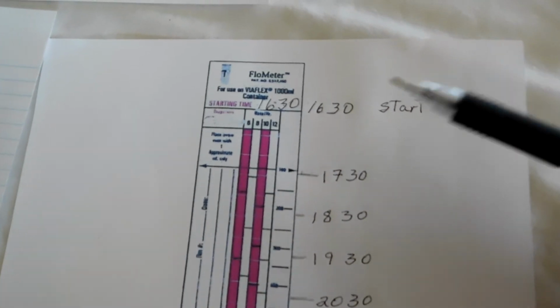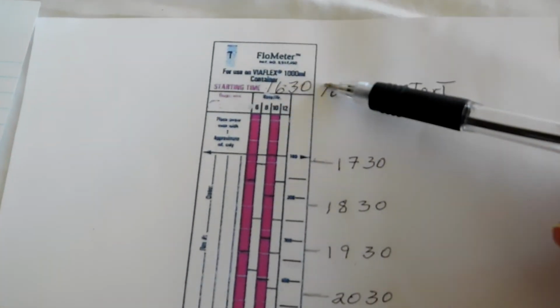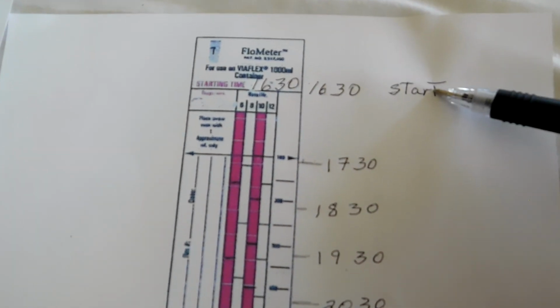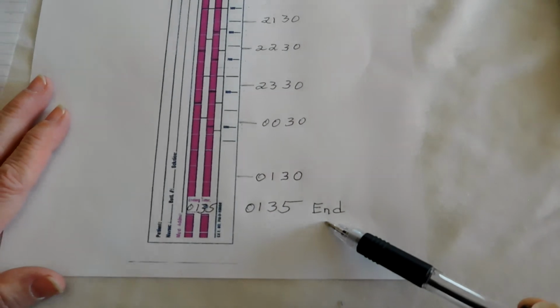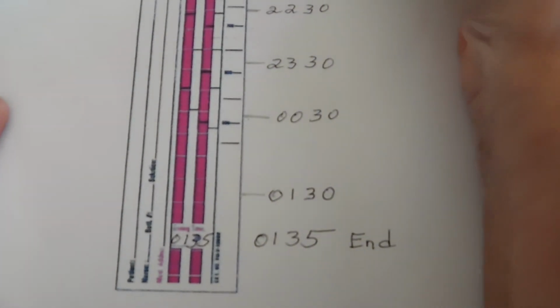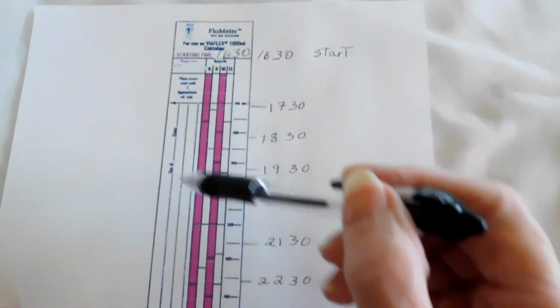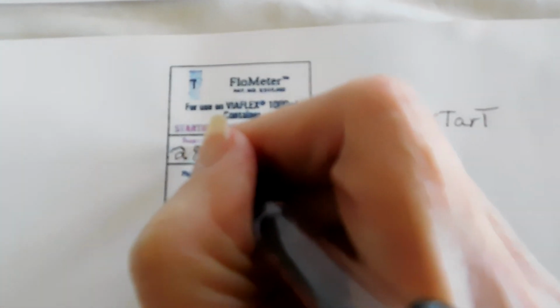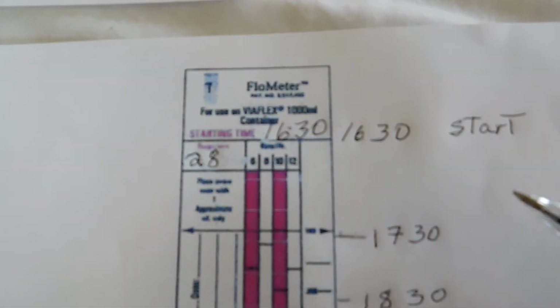We document on our time tape the 1630, which is our start time, the 0135, which is our end time or completion time, and I have it here on the document, and that we are at 28 drops per minute.